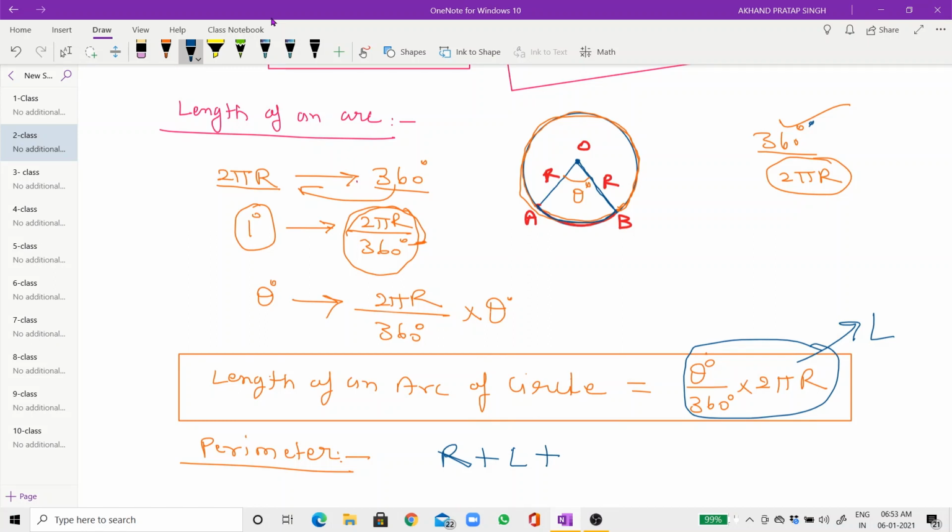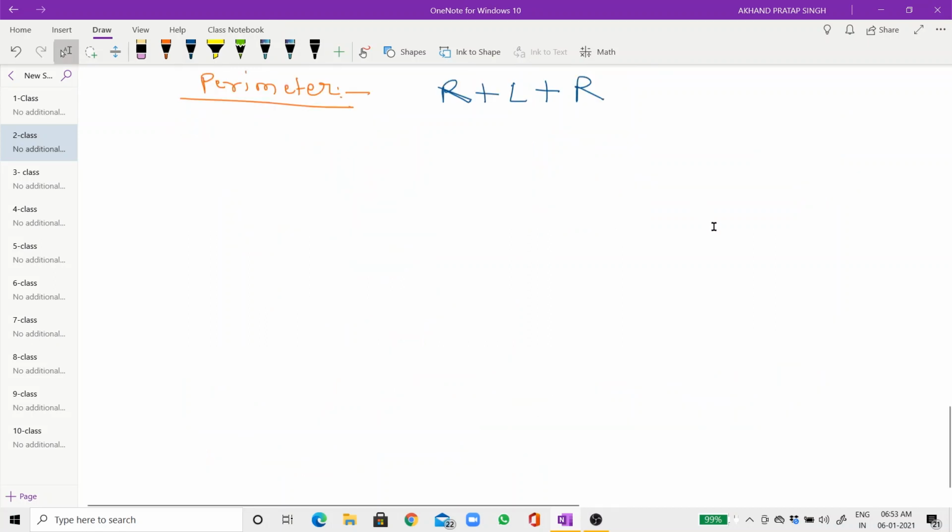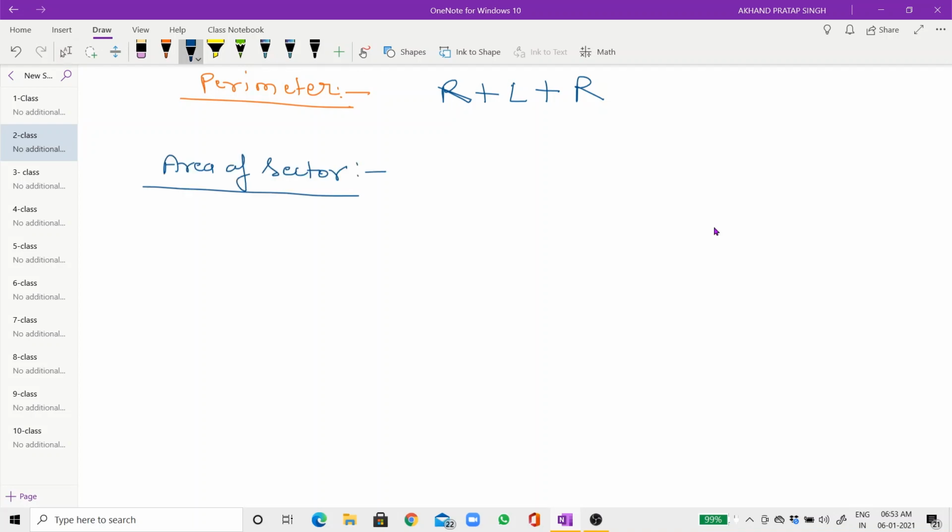Now the next one is the area of a sector. So how to calculate the area of a sector? Suppose this is a circle and this is the center.